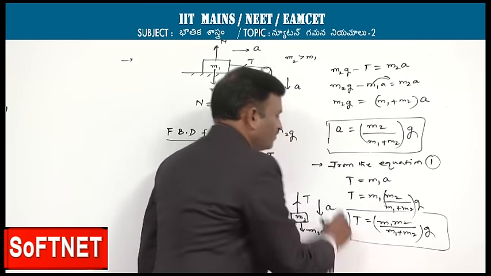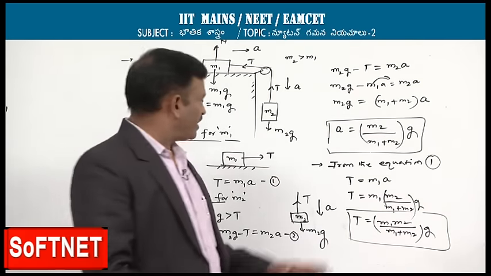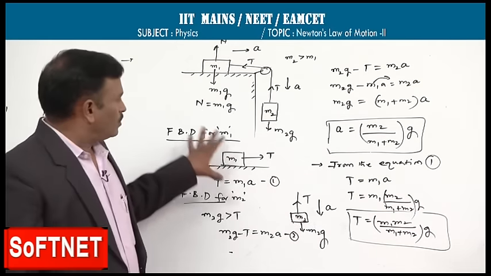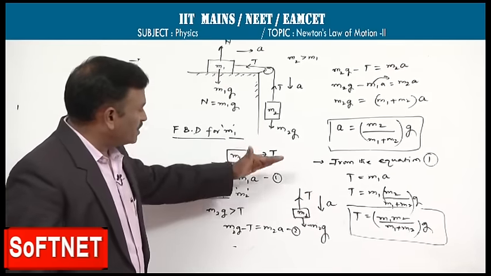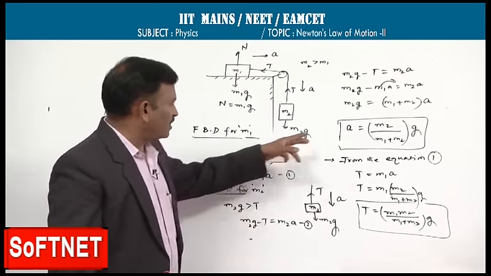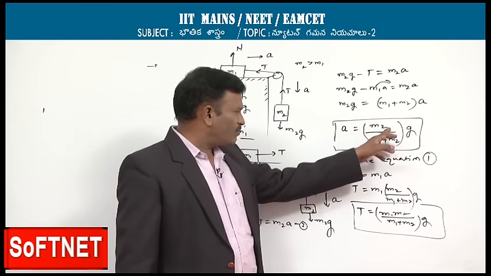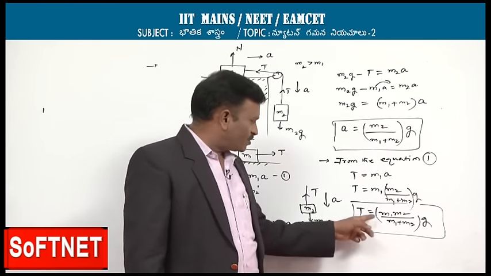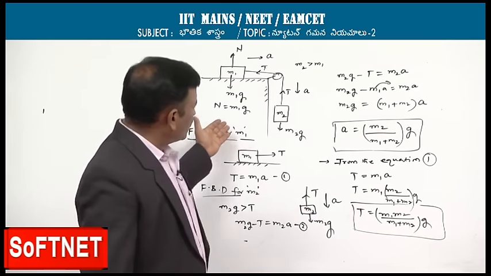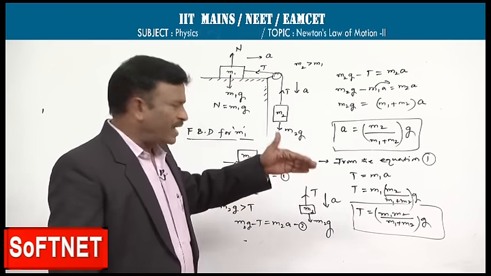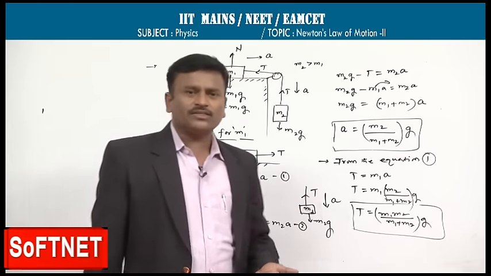This is the expression for the tension in the cable. Numericals also we have to solve in the same manner. You can remember the shortcut method, a is equal to m2 by m1 plus m2 into g and T is equal to m1 m2 by m1 plus m2 into g directly, or else if a numerical is given, we can use the direct method or the equation method also.